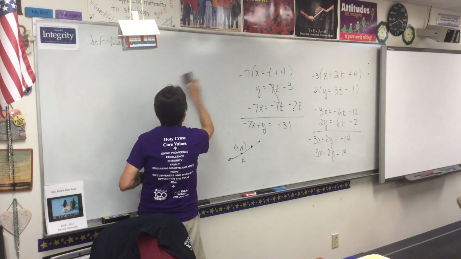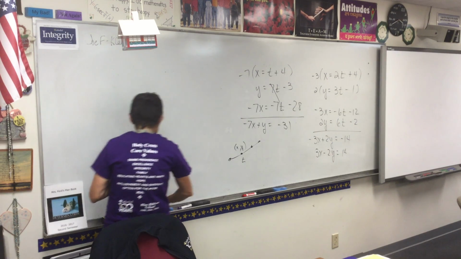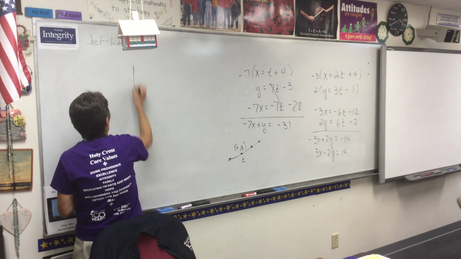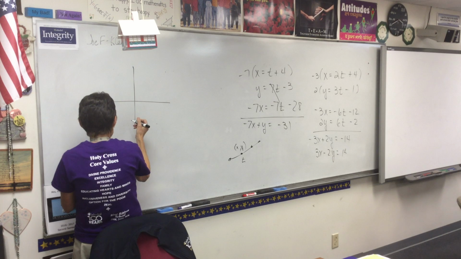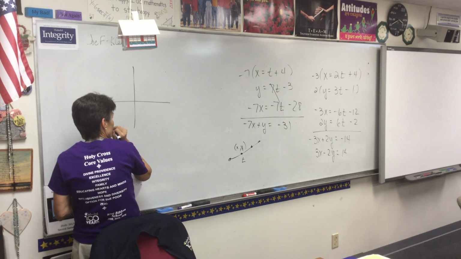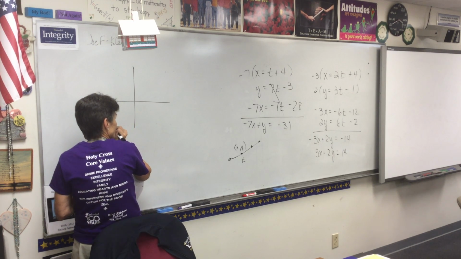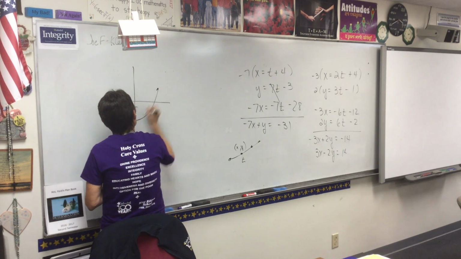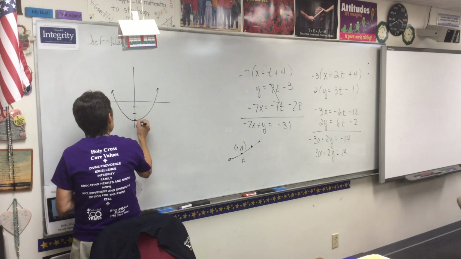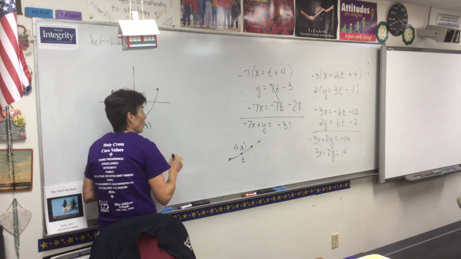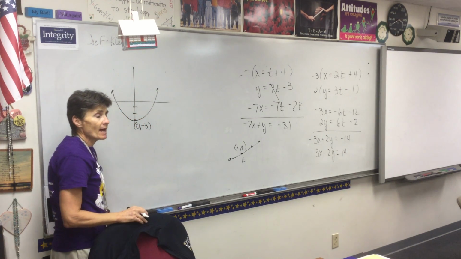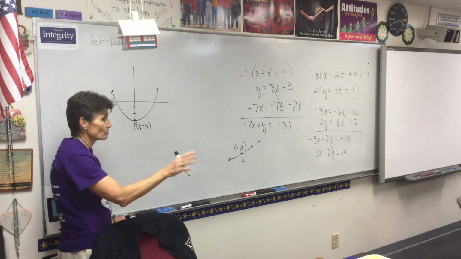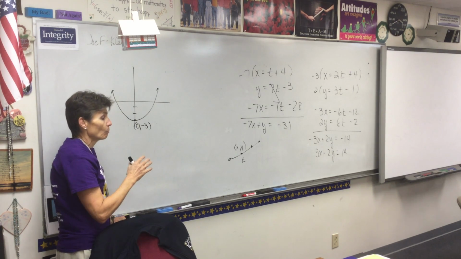It's a parabola. 1A is a parabola. And where is its vertex? 0, negative 3. Kids, listen, if you didn't master this before, you better get it now, because those papers I handed back to you were full of graphs.